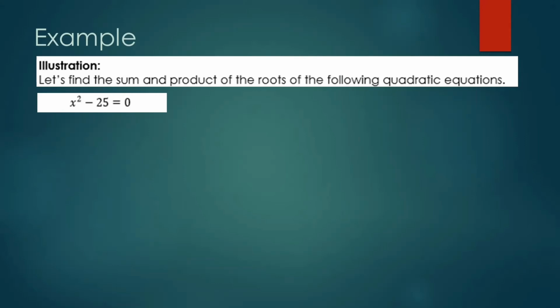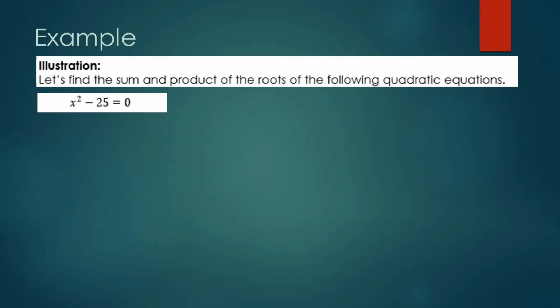But to make it short, we have here the formula that we are going to use to find the sum and the product without using those four methods na factoring, completing the square, extracting the square root, and as well the quadratic formula.